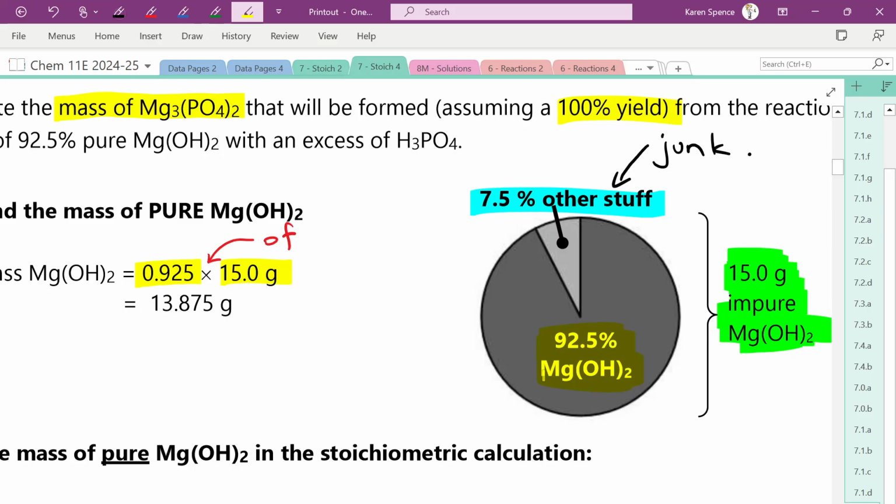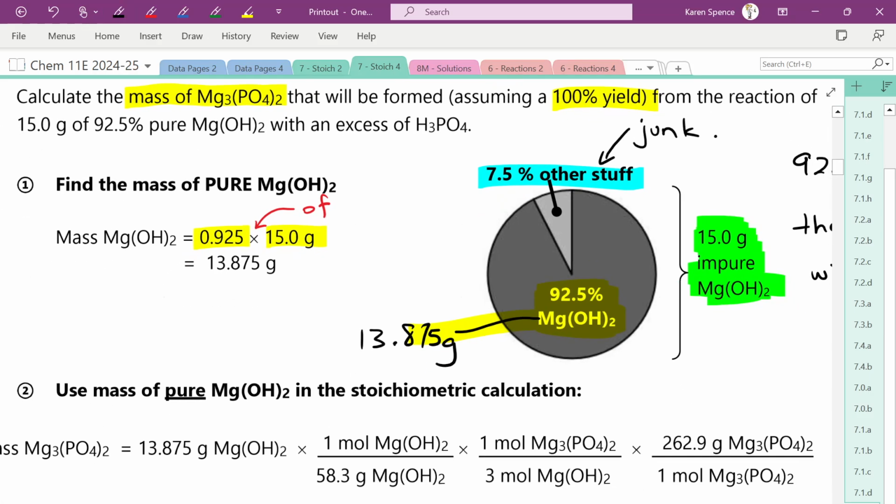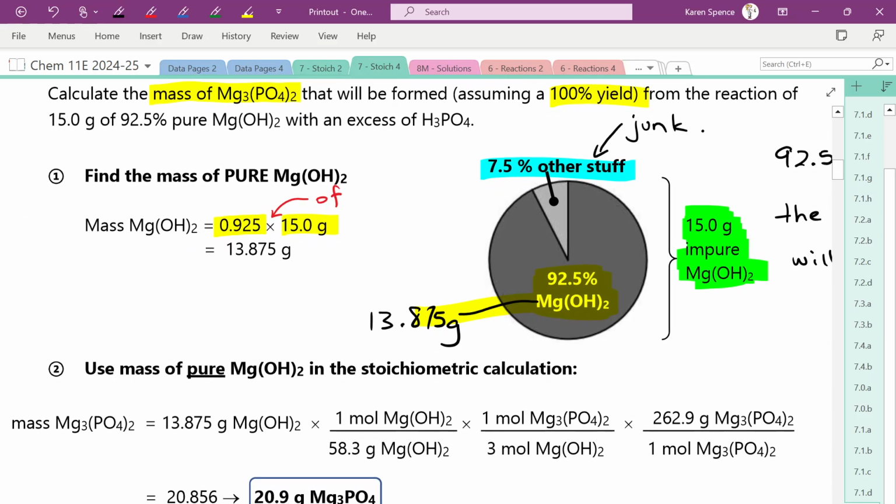So this magnesium hydroxide is actually just 13.875 grams. And then the question asks us, if that's the amount that we have, how much Mg3PO4 could we make? Oh, that should be Mg3PO4 too. Oopsie.